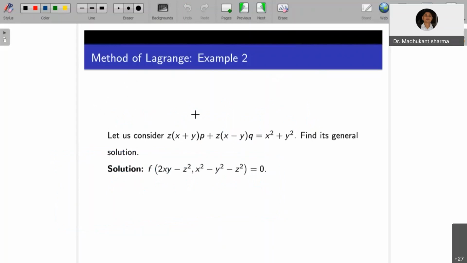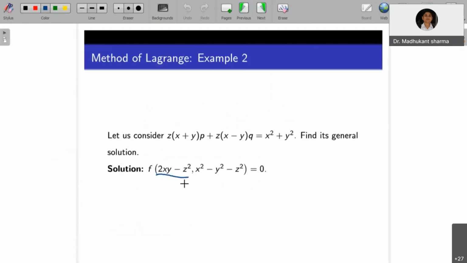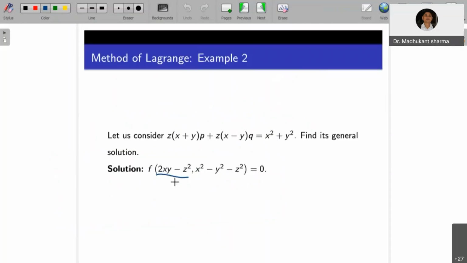Another solution given here is xy minus z square, which may also come from some other pair.